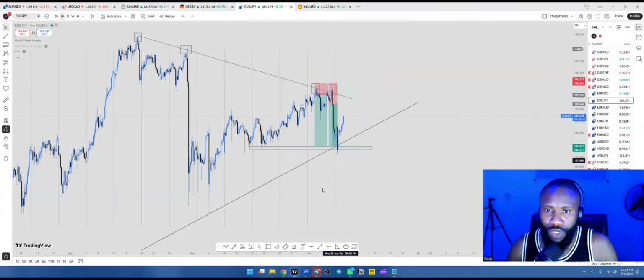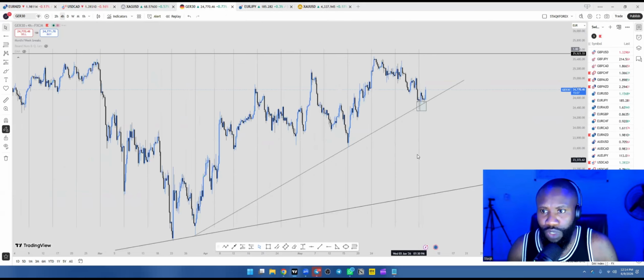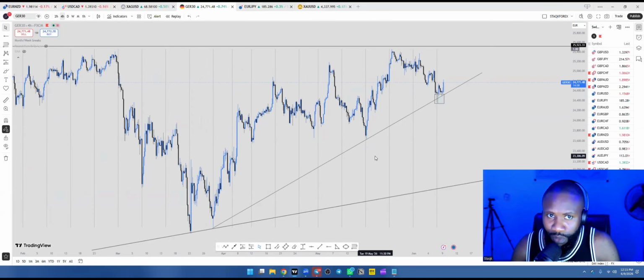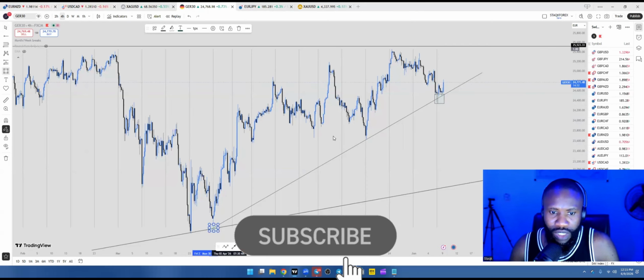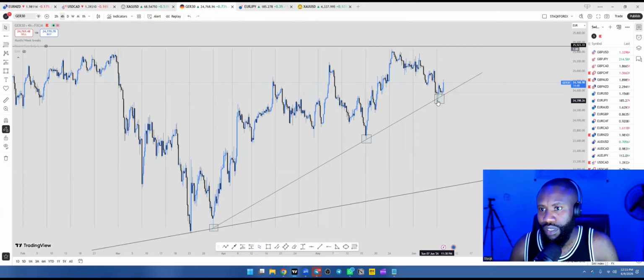So for the bullish trend, let me check this. This is a trade I have been looking at. I am just waiting for that confirmation to come out before placing the buy on this particular trade. For the bullish trend, we have first touch here, second touch here, and the third one here, as you can see.